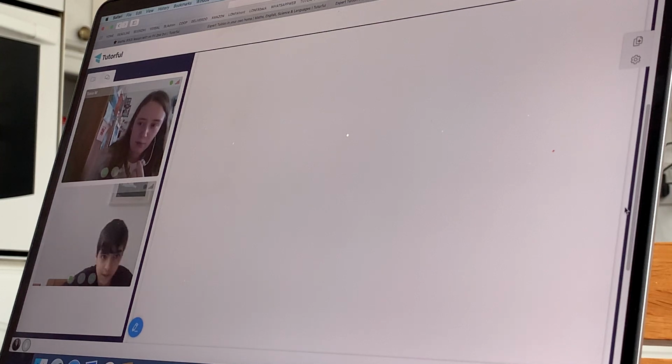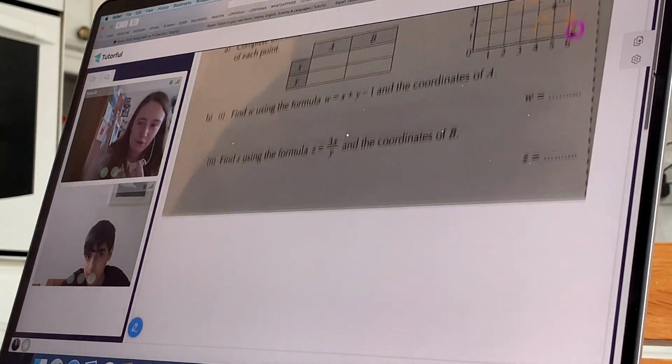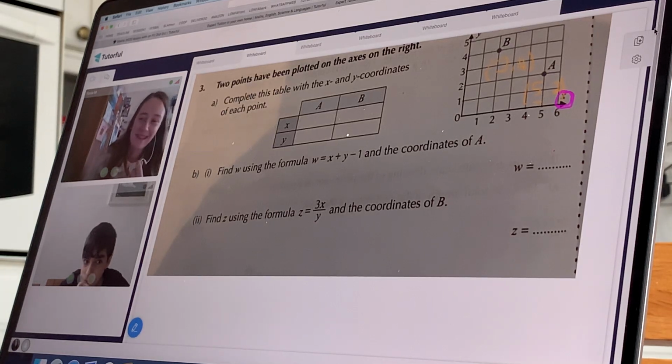You can see a little x. Likewise, the second coordinate would be on the y-axis, because that's where the y is. So x and y.